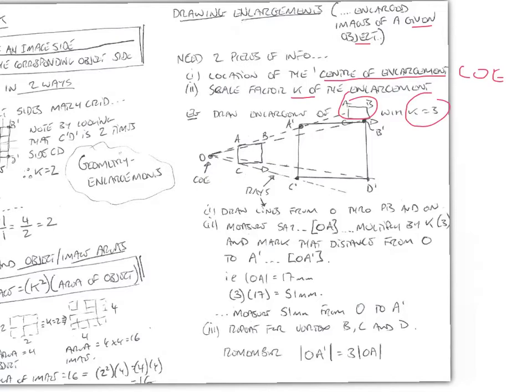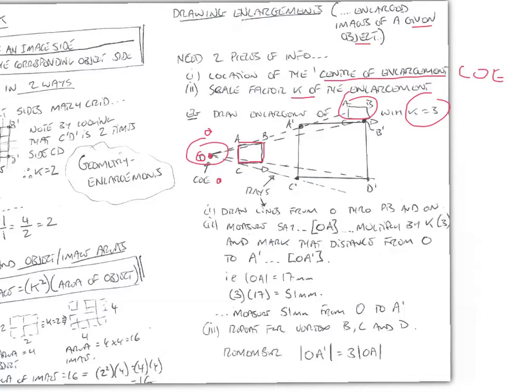So we simply draw ABCD, and we draw a centre of enlargement, and we call that point O, and we can put this centre of enlargement anywhere we like. We can put it here, there, anywhere, but we'll just choose to put it here to the left of the object. So the first thing is we place the centre of enlargement, or we might be given that in the problem anyway.